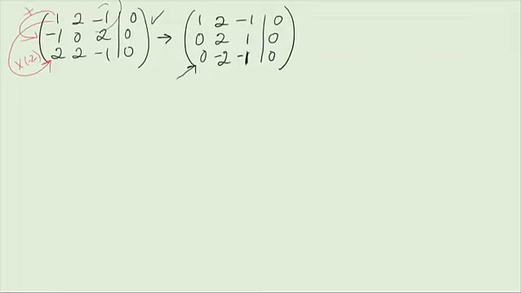Multiplying -1 by -2, I get 2. Whoops, that's a mistake. Multiplying by -2 here, I get +1. I'm glad I checked that soon. -2 times -1 is 2 plus -1 is 1. So I get this matrix.